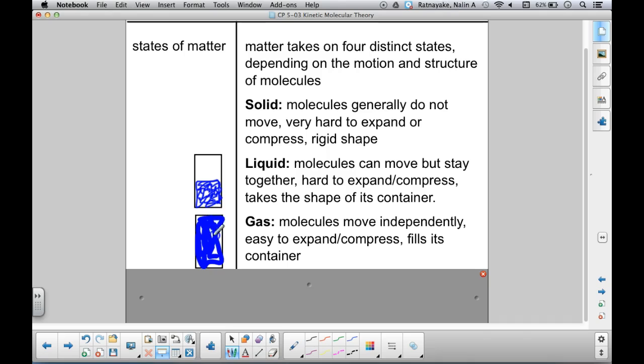It's going to expand to fill up that entire thing. And even though there may be the same amount of matter in both of these containers, the gas is just sort of spread out more to fill up that entire container. So that's a unique property of gases.